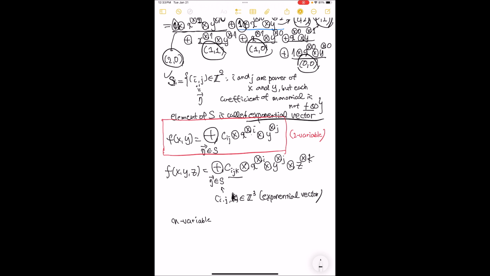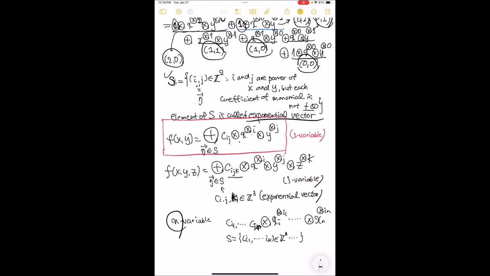So we use the notation i1 through in, an n-tuple exponential vector, with x1^i1 through xn^in. That is quite complicated, but we can express it based on the one, two, and three variable cases.